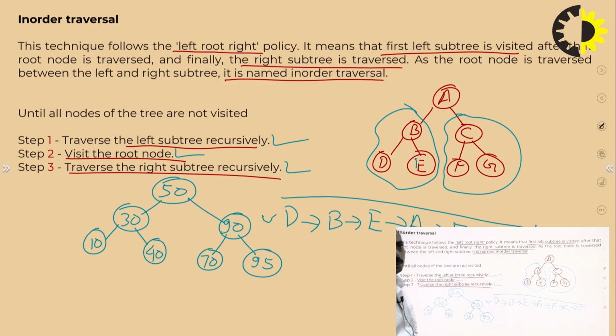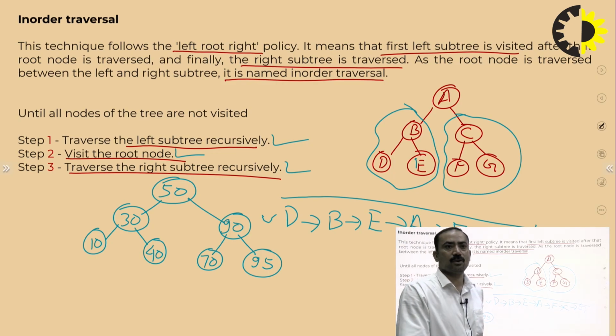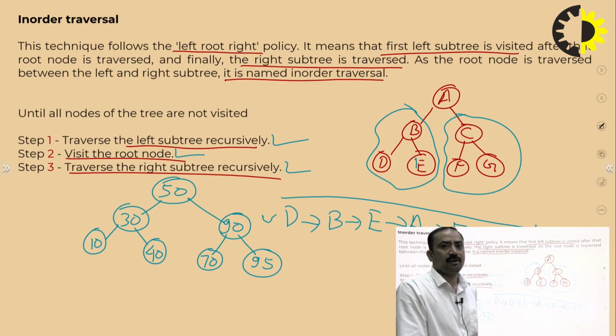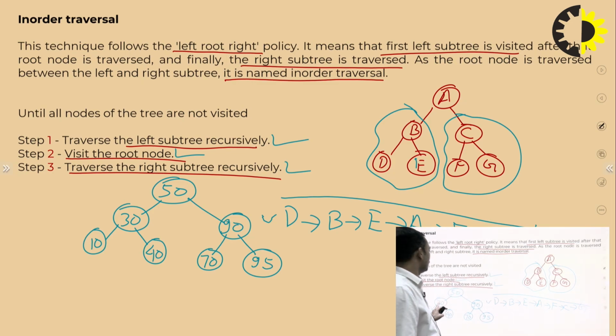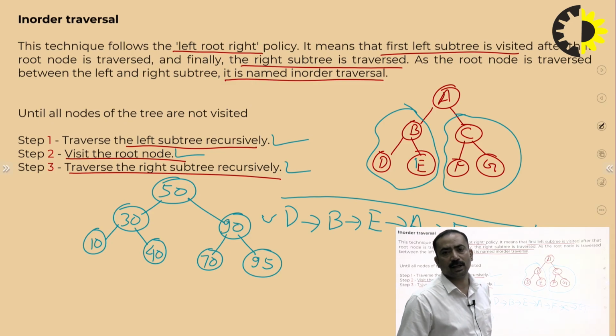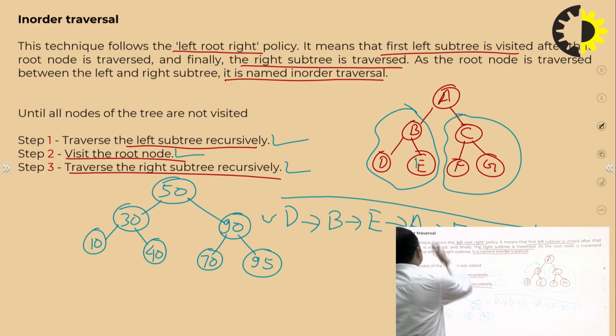As I told you, the application of in order traversal is to get the BST nodes, where the left children are smaller than the root node and the right children are greater than the root node. So we have to see how to get the BST nodes in increasing order with the help of in order traversal.